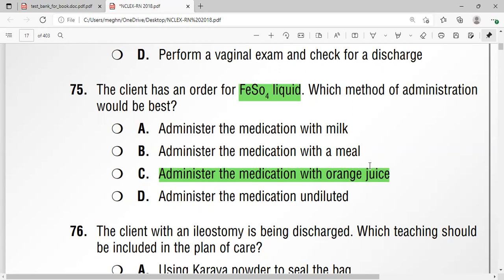And it should not be given with milk, because this decreases the absorption. So answers A and B are incorrect, because milk or food reduce the absorption. And giving it undiluted, number D, is not good because it tastes very bad.